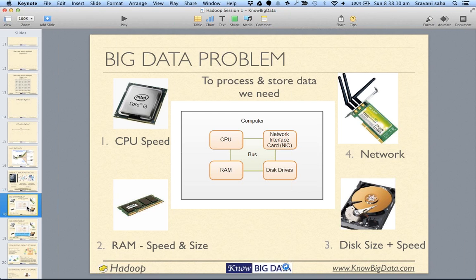That matters a lot when you are dealing with big data. If you have very small data and you have to process it, you can just load it in the RAM. And when I say RAM, it means all sorts of random access memory. It might be L2 cache, L1 cache, or registers. RAM is something on which you load the data to get it processed.